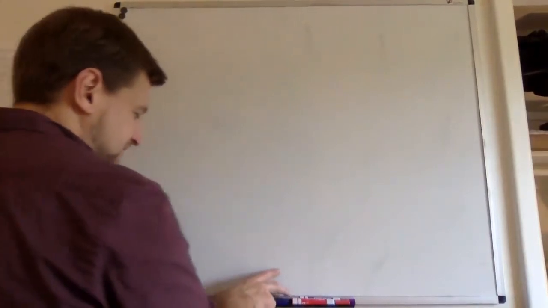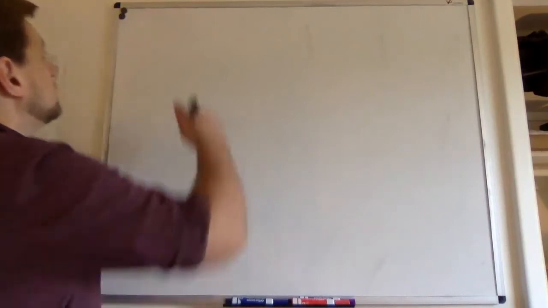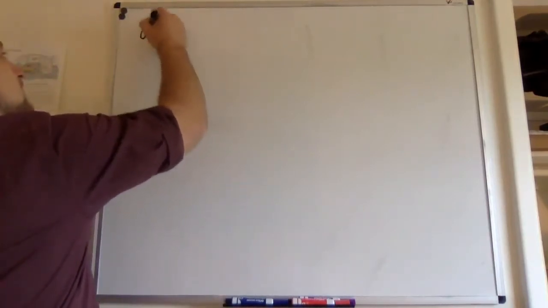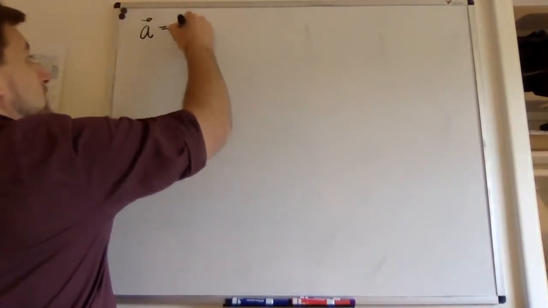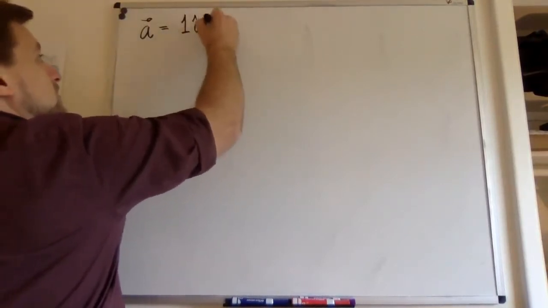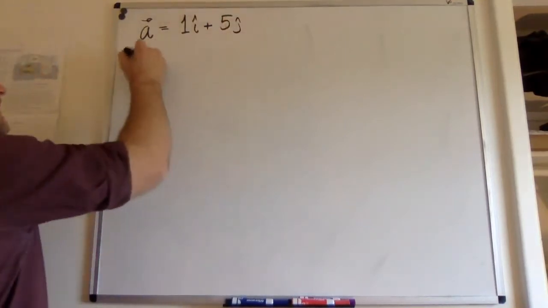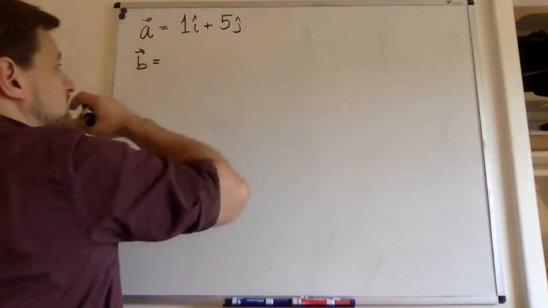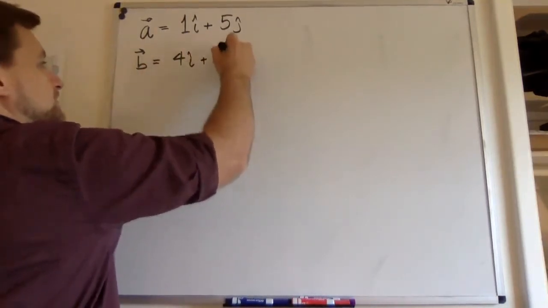Okay, so let's imagine two vectors again. Some vector A, let's say it's 1 unit plus 5 units, and vector B, let's say it's 4 units plus 2 units.